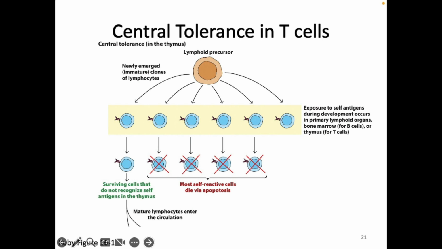So we've got this. Now let's imagine that the T cell binds something really, really strongly in the thymus, and it gets tons of signal.